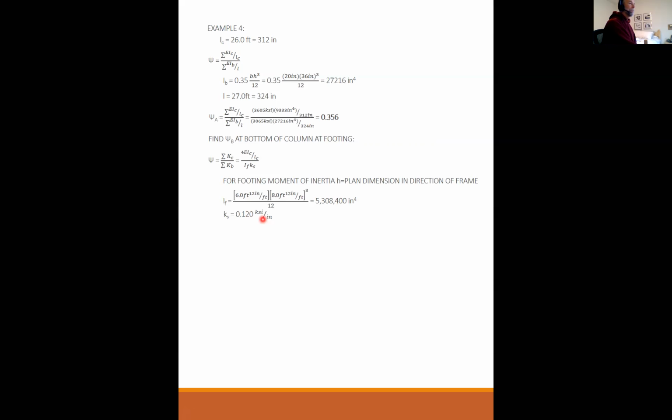And k_s, the modulus of subgrade reaction, is 0.12 ksi per inch. So psi B, plug in all the values, and we have 0.677. So this number can vary quite a bit. Remember, if it's pinned, we consider it to be 10. If it's fixed, we consider it to be, I think it was 0.1. So this number can vary quite a bit depending upon the flexibility of the footing versus the flexibility of the column itself.